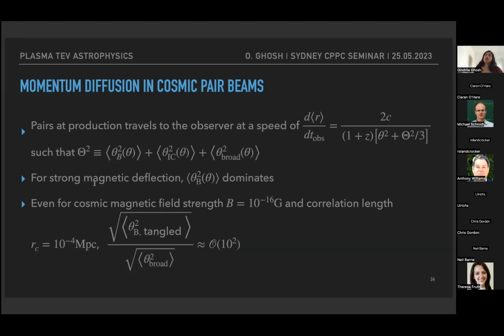And if you go down further in the magnetic field strength, even then, for a very weak intergalactic magnetic field, say of the order of 10^-16 Gauss and correlation length of 10^-4 megaparsecs or so, which we would call in this case a weak tangled magnetic field, even in that case, the deflection and therefore the time delay is at least 100 times the contribution from pair beam broadening due to causal linear relaxation brought about by instabilities.